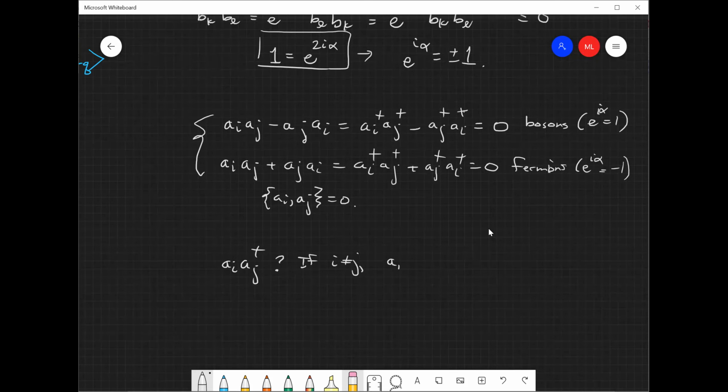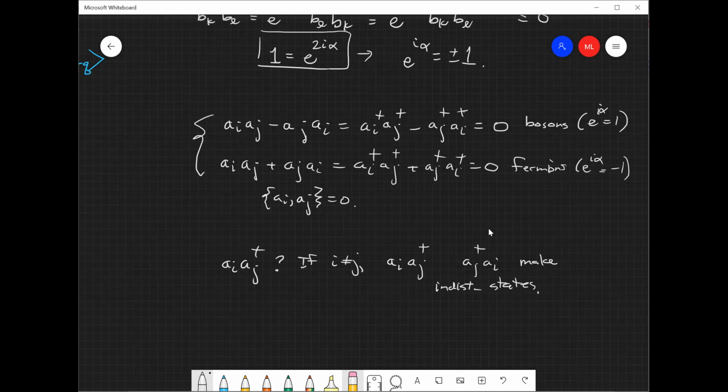You better have that a_i a_j dagger makes an indistinguishable state from a_j dagger a_i. Right, because if we're adding a particle in one state and removing a particle in another state, it shouldn't matter what order we do that in. Those should be indistinguishable. So the same argument follows, that the wave function can differ by at most a plus or minus sign, and you get the same commutation or anti-commutation relations.